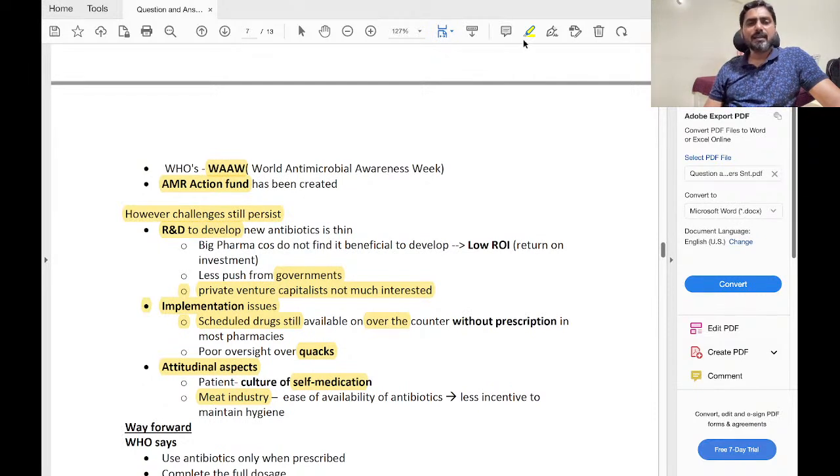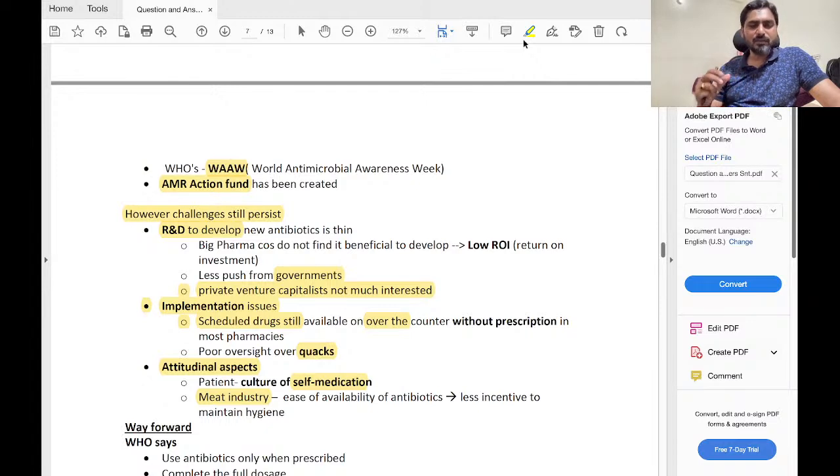But after that, pharma companies are not much interested in developing new antibiotics, because they believe that these new antibiotics would be used rarely, as a medicine of last resort, so there won't be much demand for them.